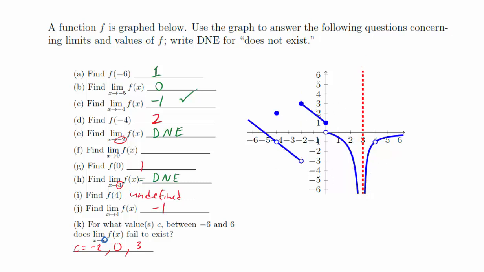Even though we did not investigate these points here, all these points, the limit exists there because the left-hand limit equals the right-hand limit. We're approaching the same value from above and from below. These points were of interest where there's gaps because they might not exist there, but it exists at every other point.